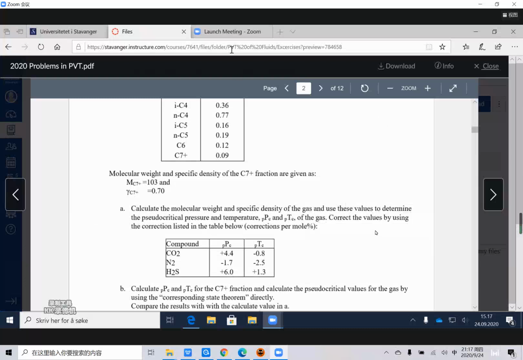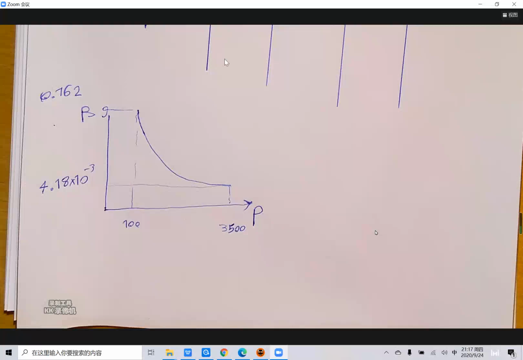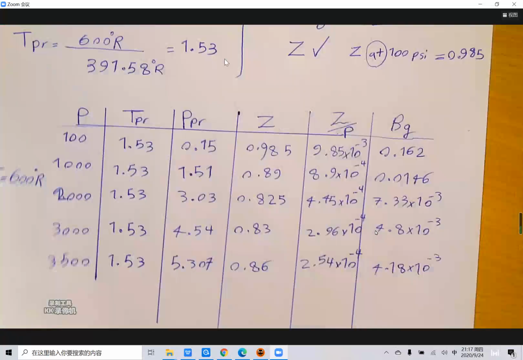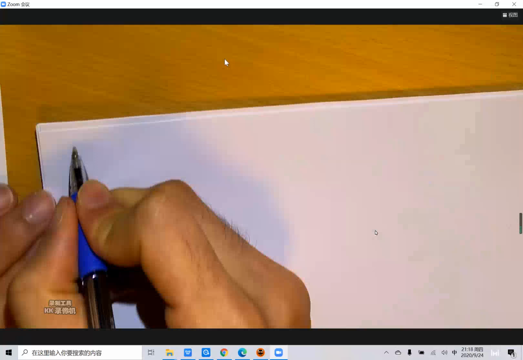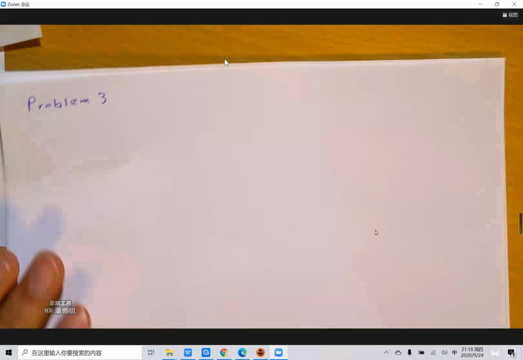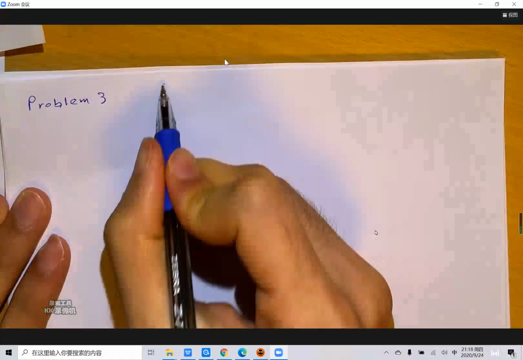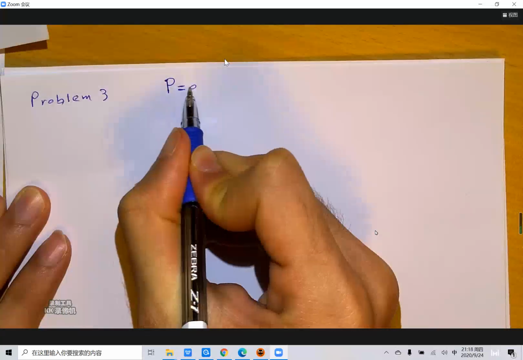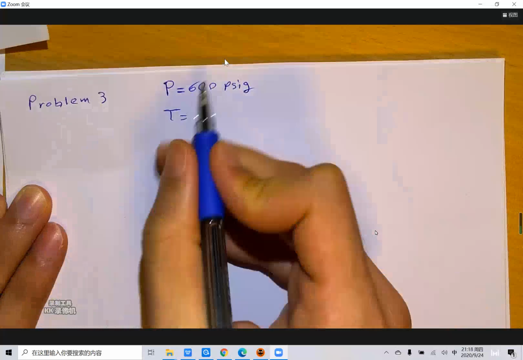The pressure is 600 psig, and the temperature is 92 Fahrenheit.